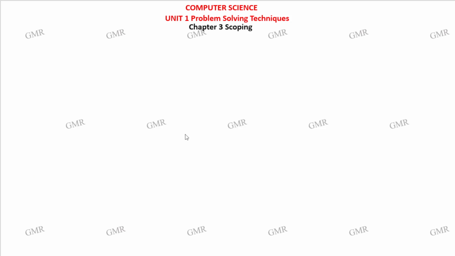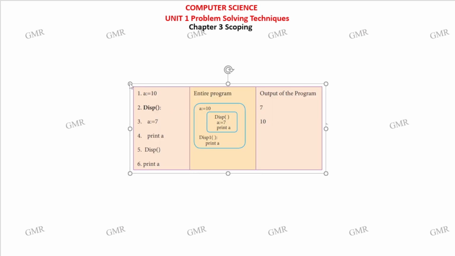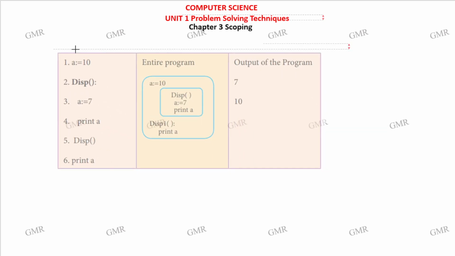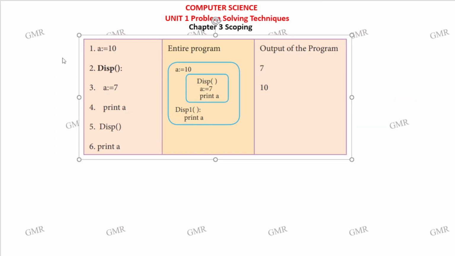Now we can see an example for the global scope. Okay, this is an example for global scope. Listen.